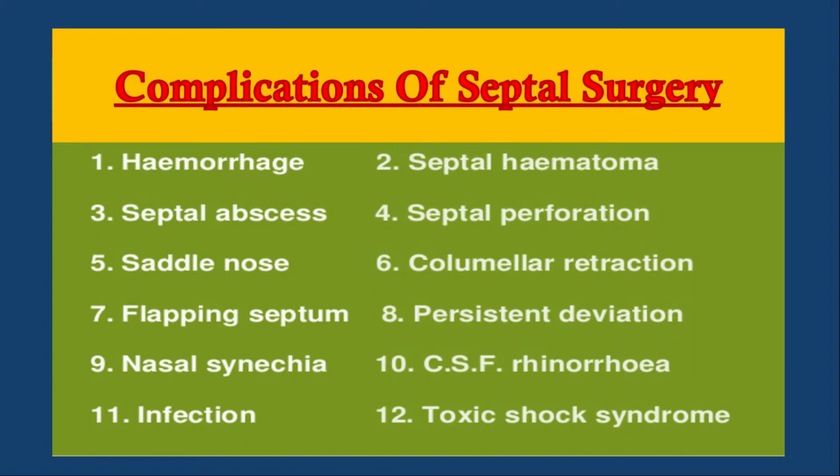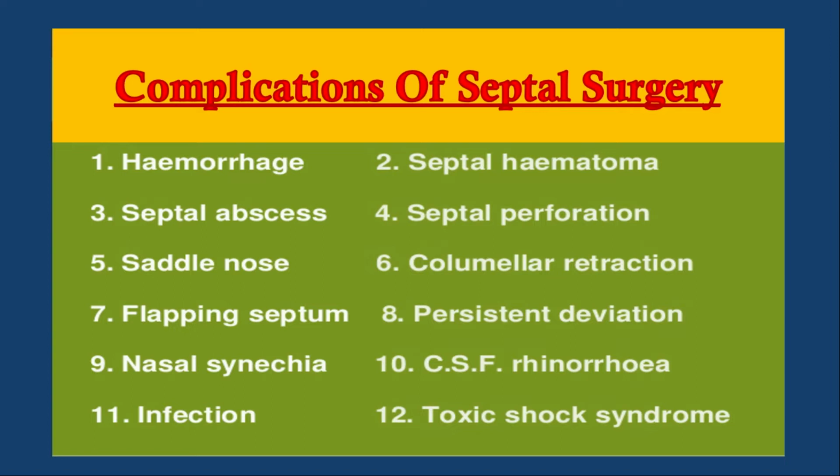Persistent deviation can also occur in cases of septoplasty or SMR because the correction had not addressed, or wasn't possible to remove, that part of the cartilaginous or bony deviation.